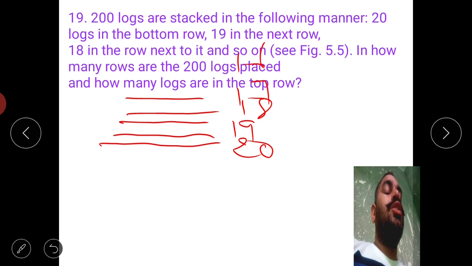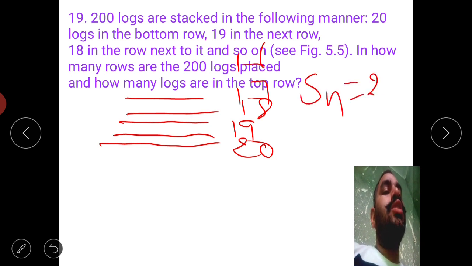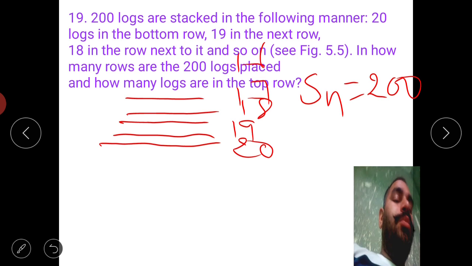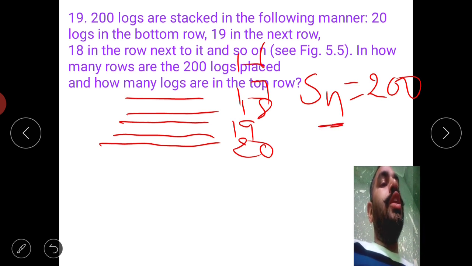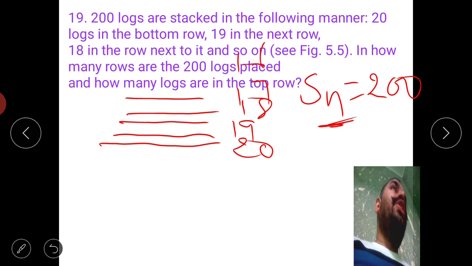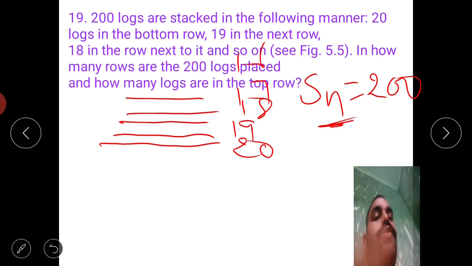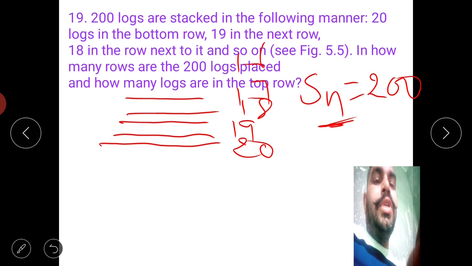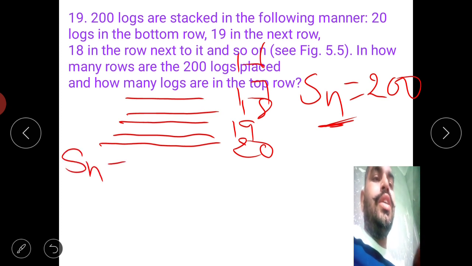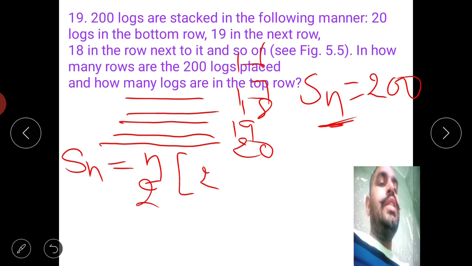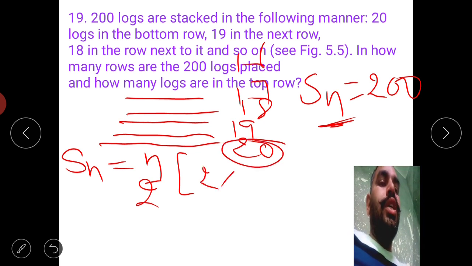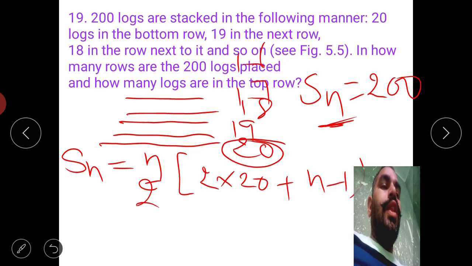And it is asking, in how many rows are the 200 logs? So Sn is equal to what? 200. It means the total number of logs is 200, but we don't know how many rows there are, so we count that as n. So we know that Sn is equal to n by 2 into 2a plus n minus 1 into d.